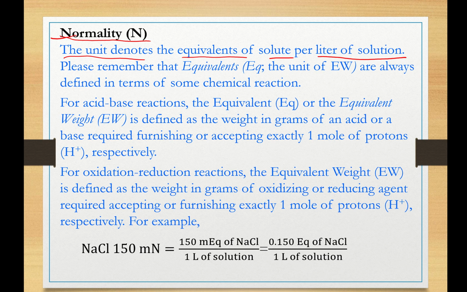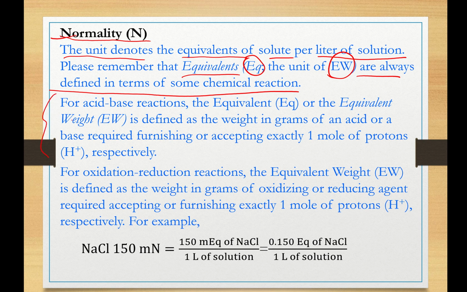The unit equivalent is the unit for the equivalent weight, EW. And it is important to understand that normality is always defined in terms of some chemical reaction. So unless you know the reaction, you won't be able to write down the normality of that solution.